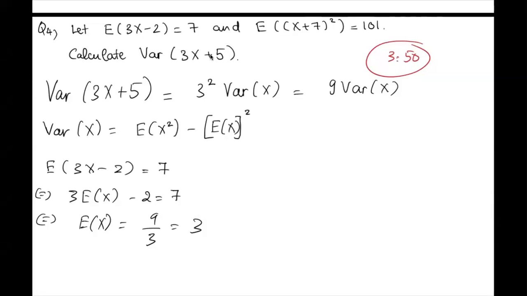From the second information here, I will expand inside out. What is x plus 7 squared? It is x squared plus 14x plus 49.